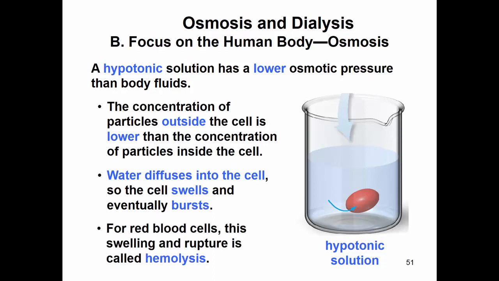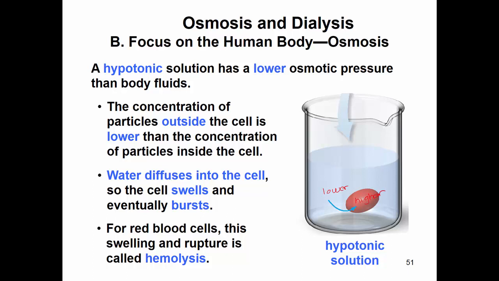If you have a hypotonic solution, there are a lot of terms here that you have to remember and differentiate between. The solution has a lower osmotic pressure than body fluids. So the concentration of particles outside of the cell is lower than the concentration of particles inside the cell. Lower concentration on the outside and higher on the inside.